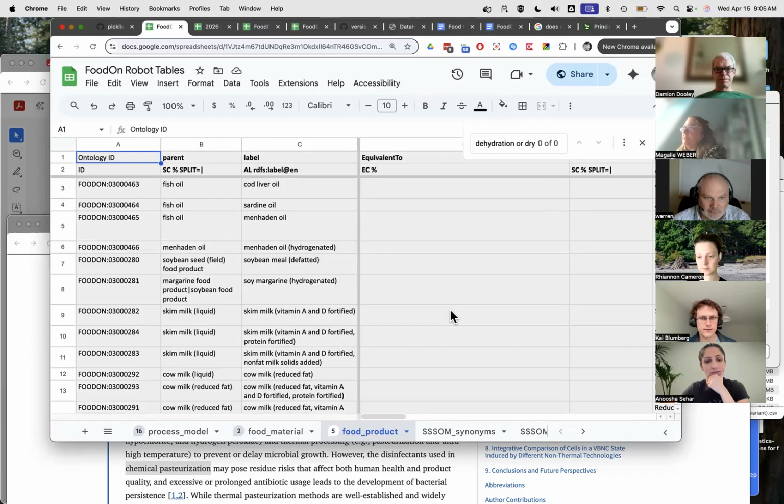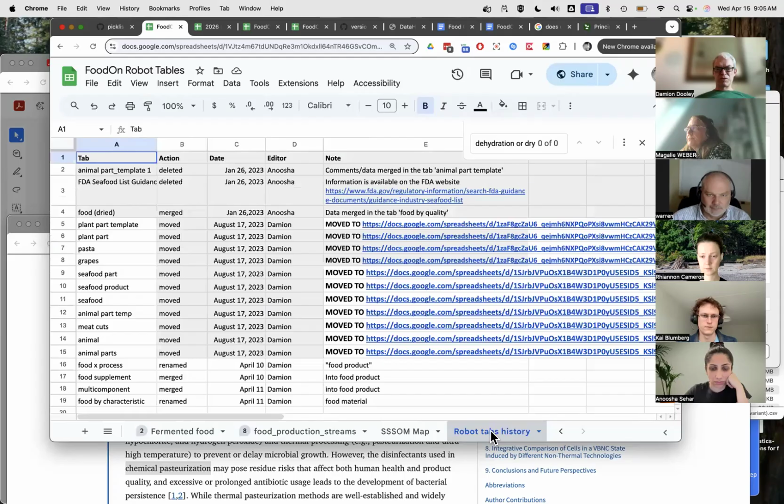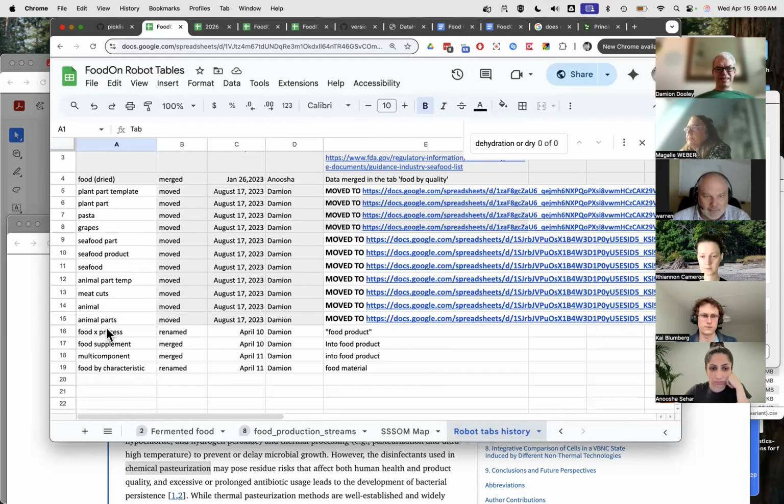So that's where I've started to bring in tabs that used to be on the FoodOn robot table or some of the other tables. So there is at the end of this a little robot tabs history, and I've talked about where I'm renaming and merging tabs.